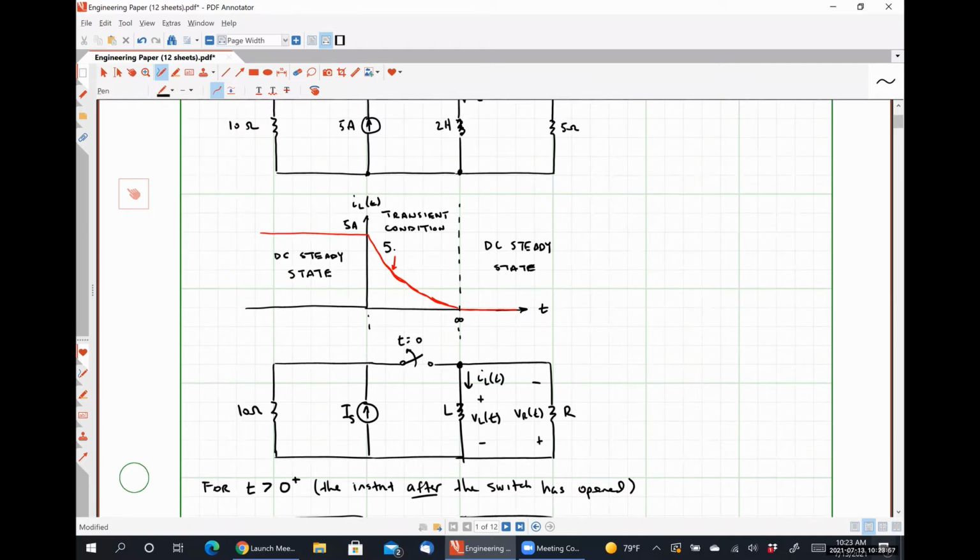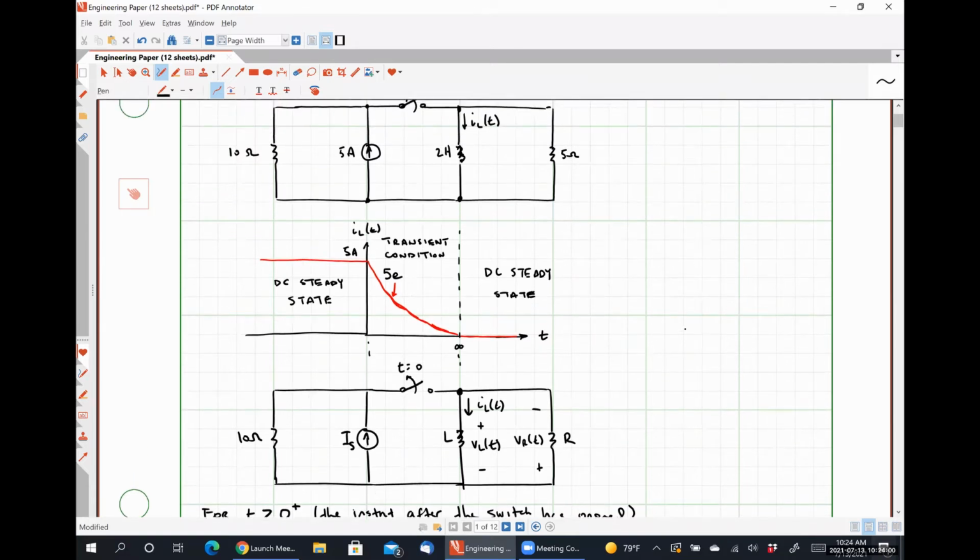And then it'll be multiplied by e to the negative R, 5 divided by L, to t amperes. So that mathematical expression exactly describes how the inductor behaves during the transient condition. And this analysis that we've done here, if you can even call it that, will be true for any and every RL circuit that we will ever deal with, where specifically the sources are being removed.